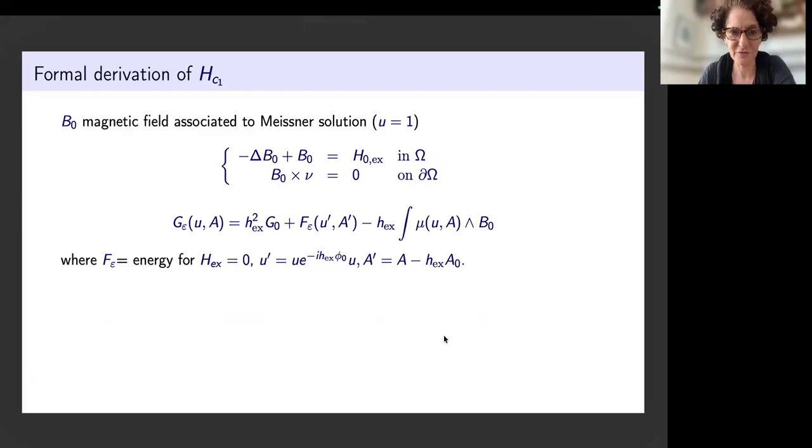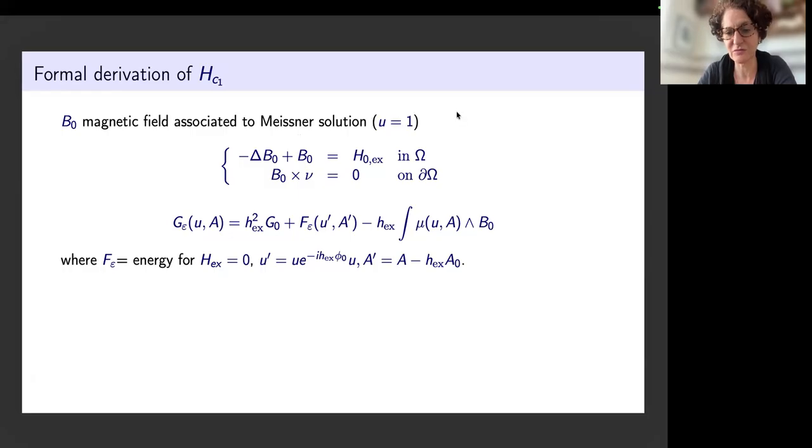Okay, so now if you want to understand when vortices happen, they happen near this first critical field H_c1. And we have to do a little computation to understand what the value of H_c1 is. There is some particular magnetic field B_0, which is the one that you find when you just set u equal to 1.